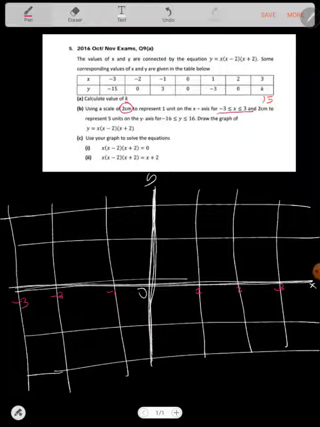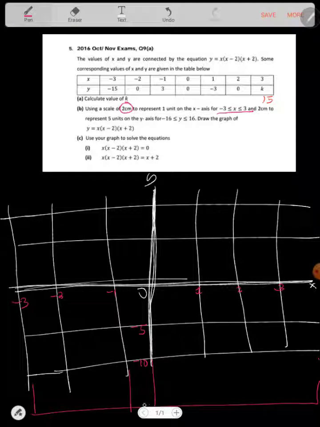Then we've been given that use 2 centimeters to represent 5 units on the y-axis. So what does that mean? That means that in the y-axis here, each 2 centimeters, which is this or this, should represent 5 units. So this will be -5, this will be -10. Let me just extend it a bit.